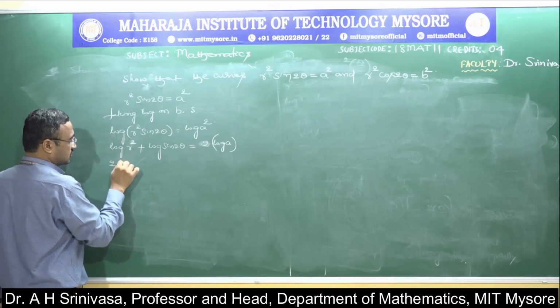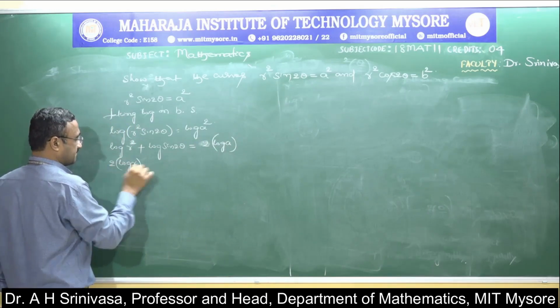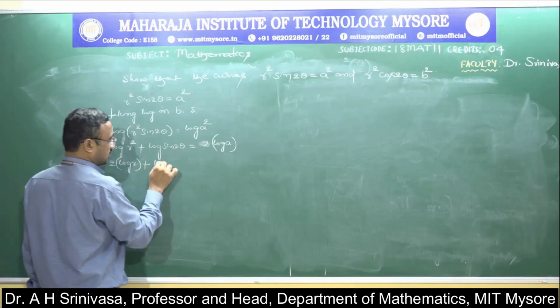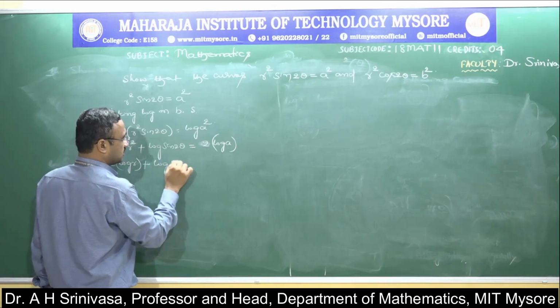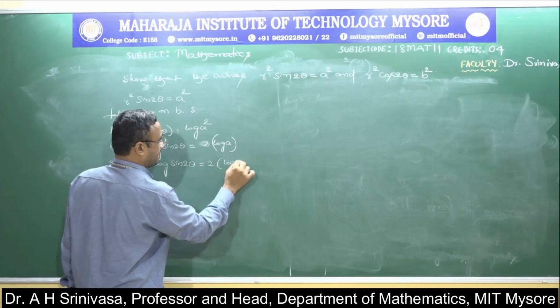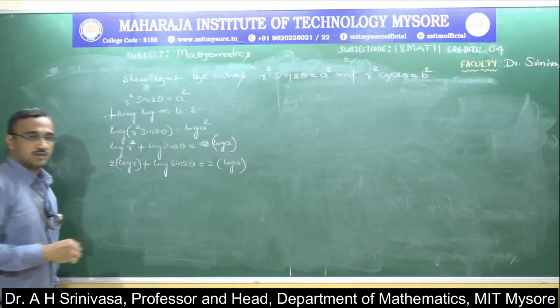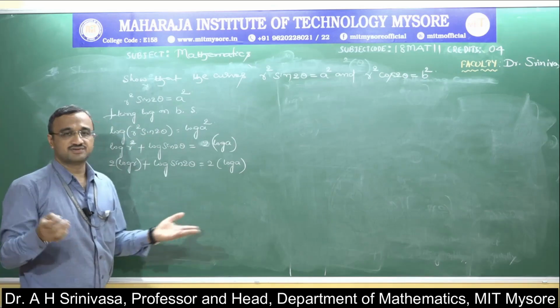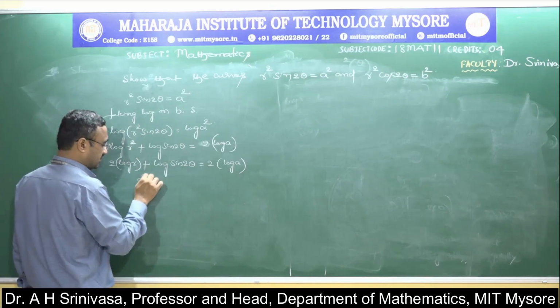Then this becomes 2 times log r plus logarithm of sine 2 theta equal to 2 times log a. The powers are also reduced, then you can easily differentiate the function.